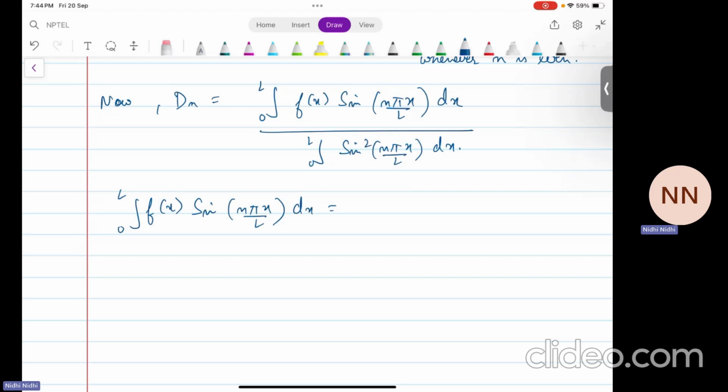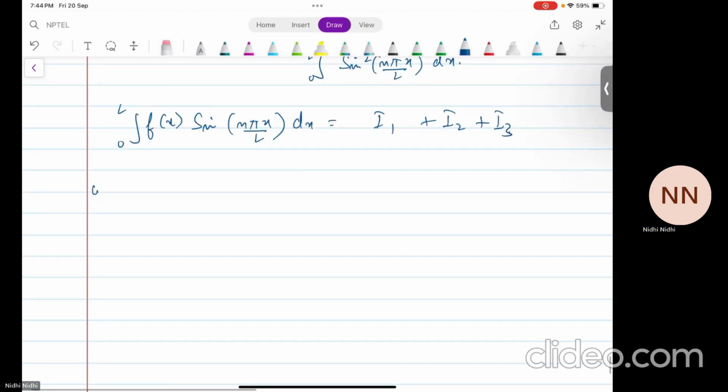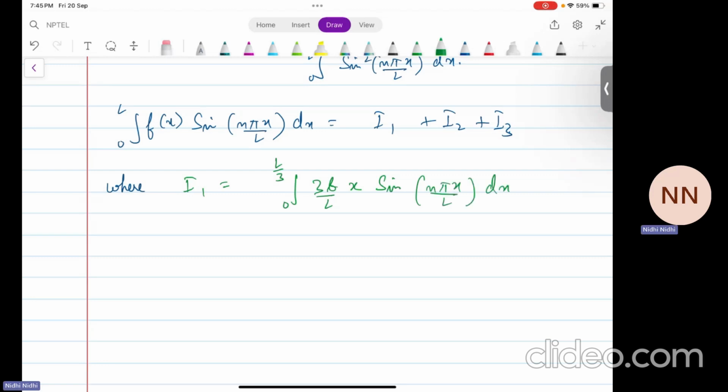So this is equal to I1 plus I2 plus I3, where I1 is equal to integration 0 to L by 3, 3b by L x sine(n pi x by L) dx.